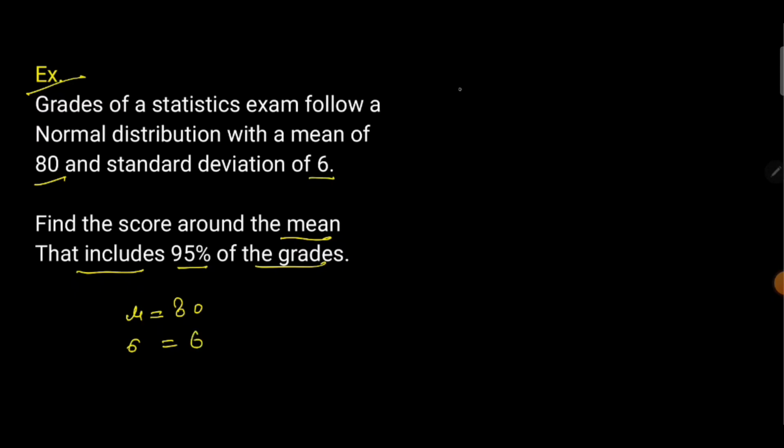So we know from the empirical rule that 95% of our data lies within two standard deviations from the mean. So this means mu plus minus 2 standard deviations will be our range. Here mu is 80 minus 2 into sigma, which is 6, so 80 minus 12 equals 68.